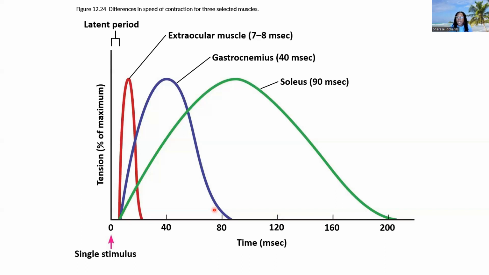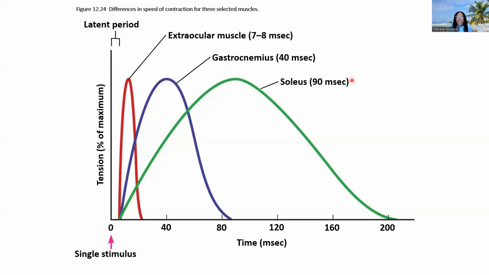So these are going to help us stay standing and walking for long durations of time. So these muscles are going to be slow twitch fibers. They're going to not only keep contractions going for a longer time, but they're going to take a long time to relax as well. And so the soleus muscle will have a contraction duration of about 90 milliseconds, which is comparatively much longer than the extraocular muscles.